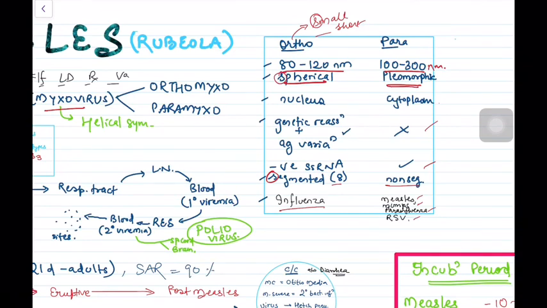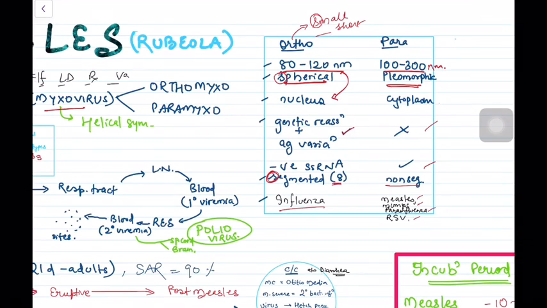Then because it is smaller in size, it can easily go into the nucleus, so the RNA will replicate in the nucleus, but for para it is cytoplasm. Then genetic reassortment and antigenic variation are seen, which is not seen in paramyxo. Both are negative sense, single stranded RNA. And from S, it is segmented. It has 8 segments.